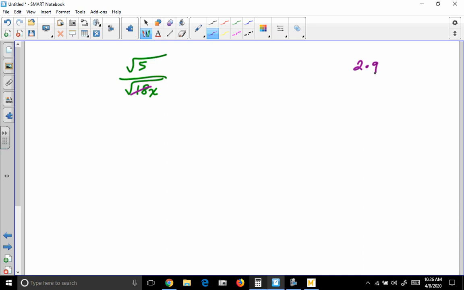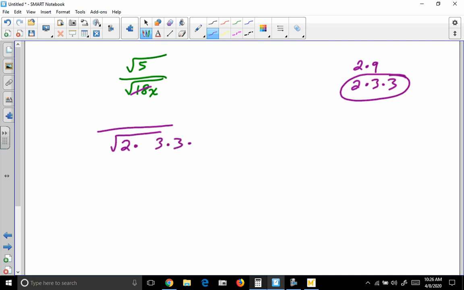So we could leave 9 as 9, or we could break 9 down as 3 times 3. So those are the factors that make 18. So under the square root on bottom, we have a 2, we have a 3, we have a 3, and then we have an x. And on top, we have a 5 under the radical.